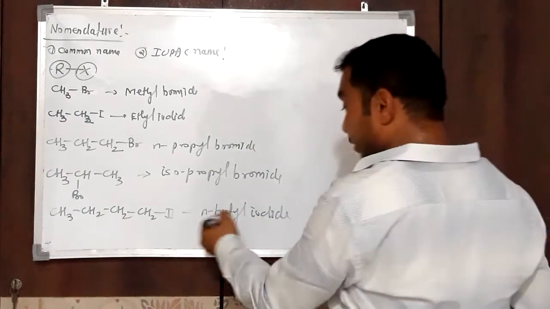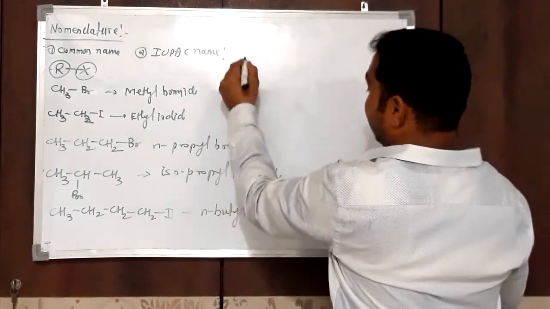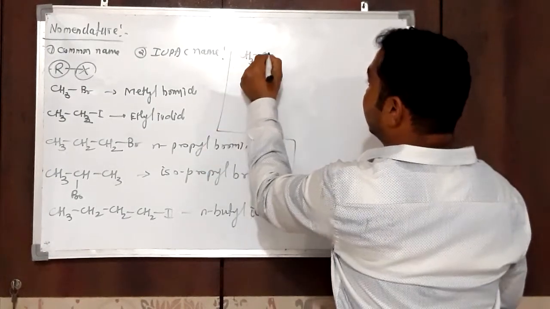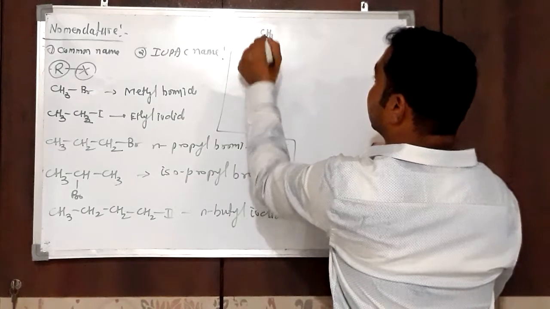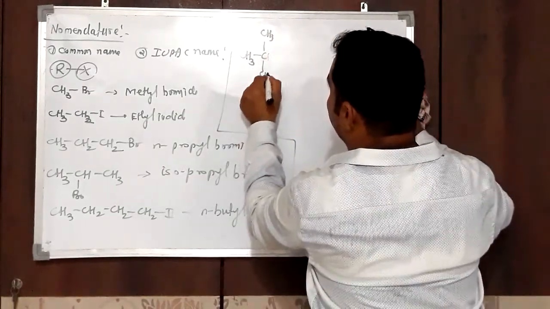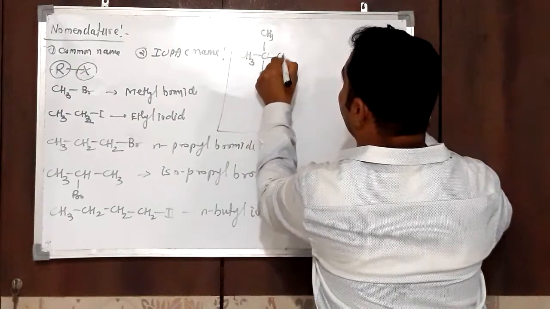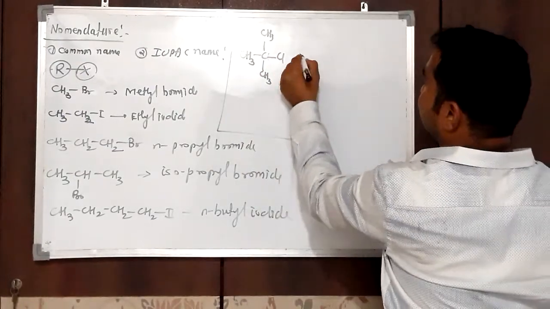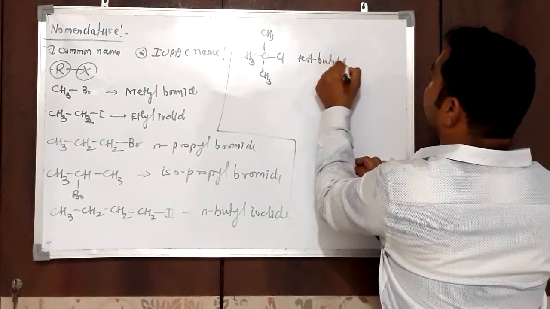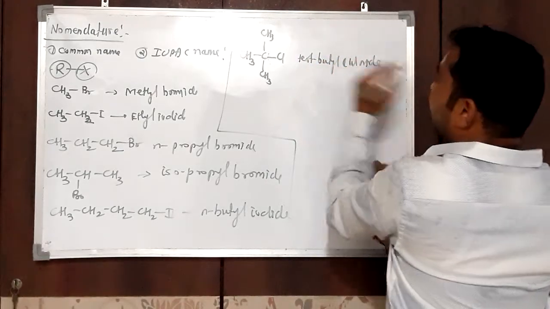Okay, N-butyl, tertiary butyl. Tertiary butyl chloride, or bromide, or iodide.